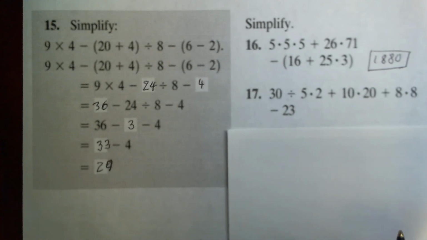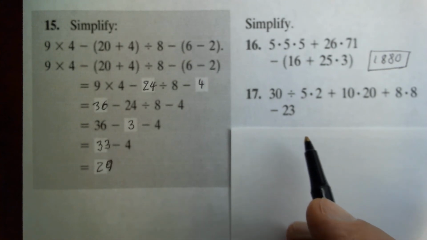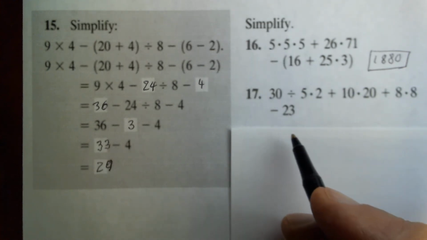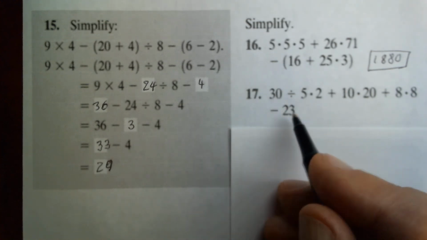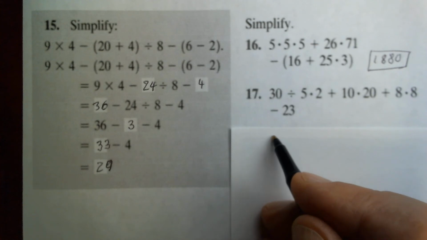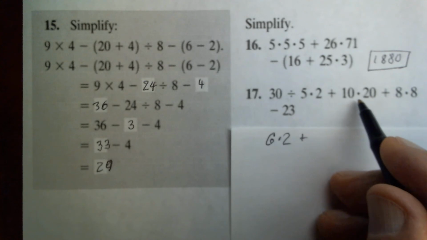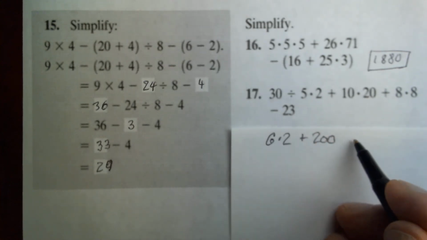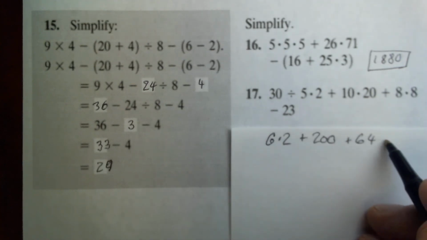For number 17, we don't have any parentheses here, and so we have an exponential expression, even though it's not expressed that way, but we look at the simplest multiplication. So going from left to right, we evaluate 30 divided by 5. So 30 divided by 5 is 6 times 2, and 10 times 20 is 200, and 8 times 8 is 64, minus 23.